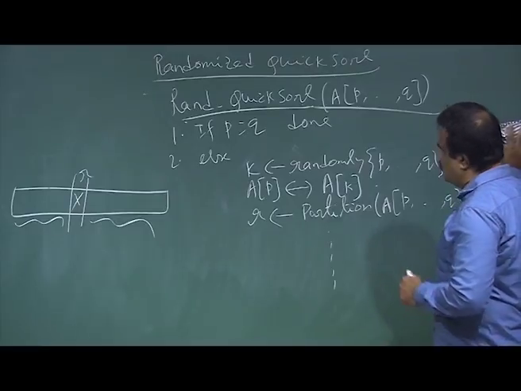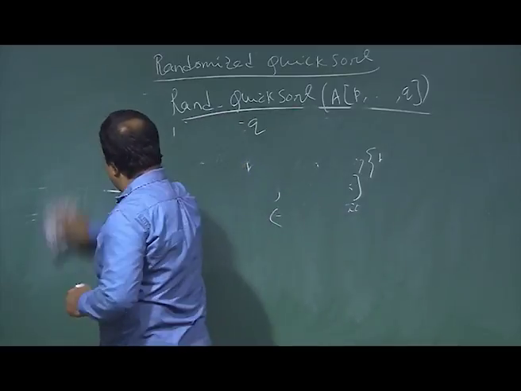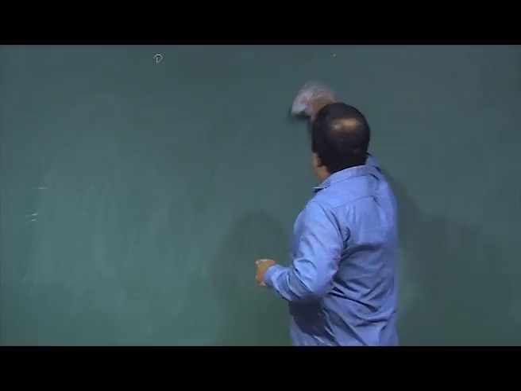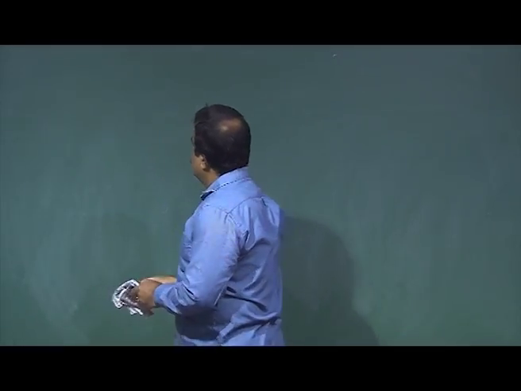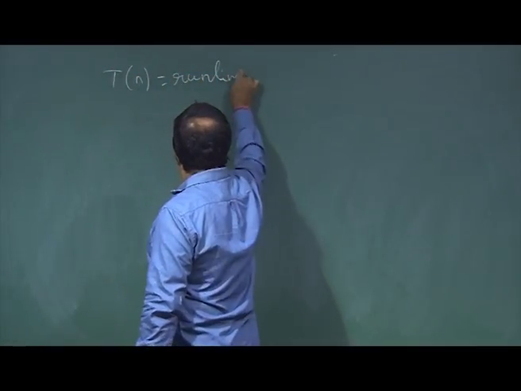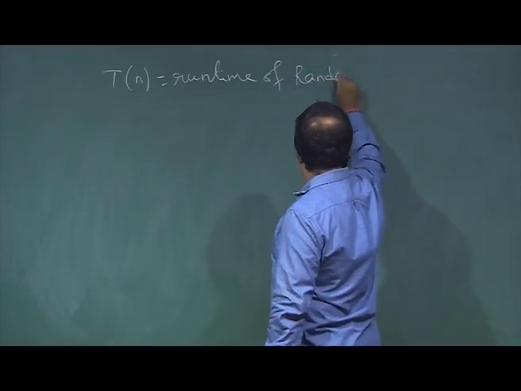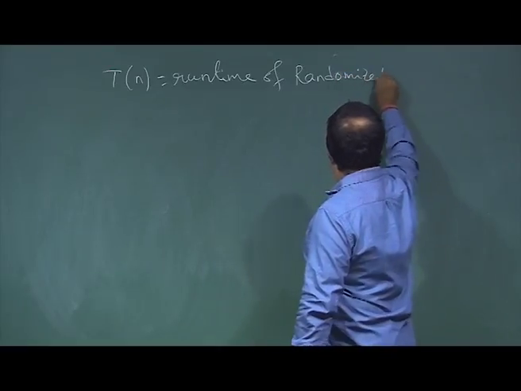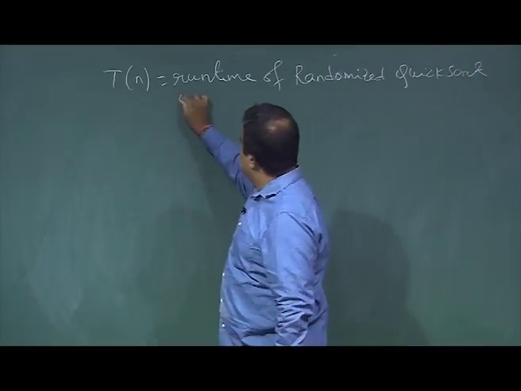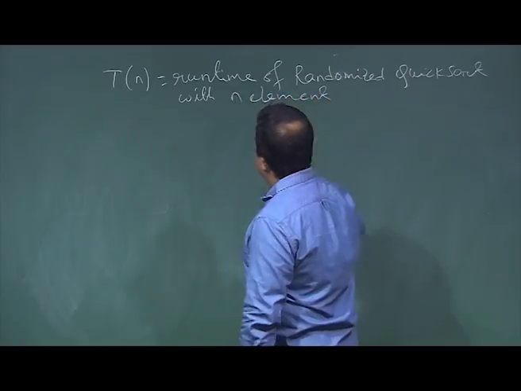Now we want to analyze this code. What is the runtime of this? To analyze this, we need to take help of random variables, some probability will come in. So what is the time complexity? We denote Tn as the runtime of randomized quick sort with n elements.